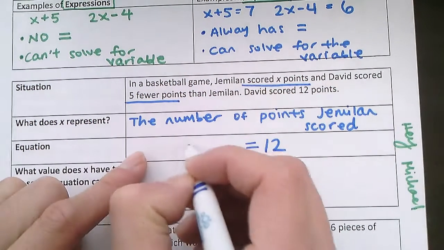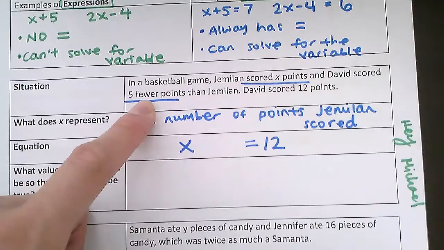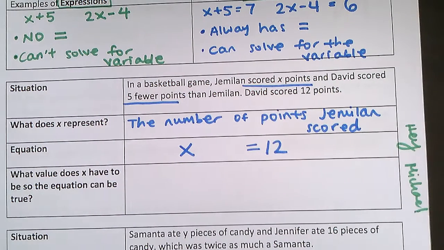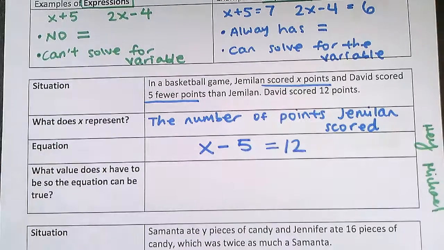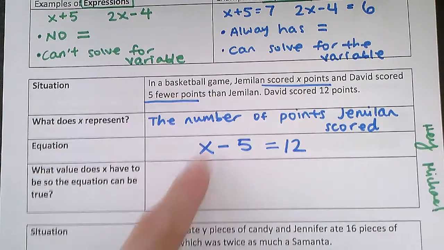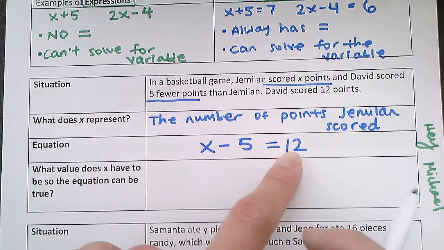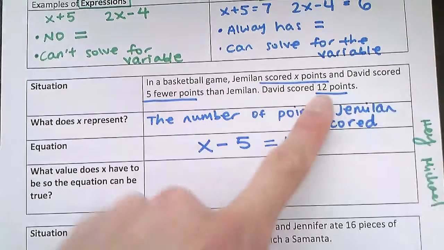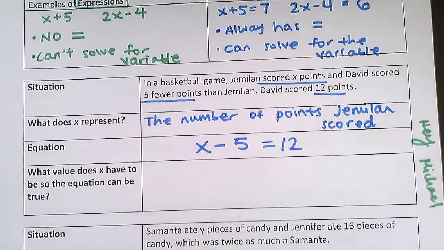So we'll have Jamilan's points, which is X, and 5 fewer. I think to myself, in math, how do I represent something that's 5 fewer? I'm subtracting 5. So then it's X minus 5 equals 12. The number of points that Jamilan scored, 5 fewer than that, equals the number of points that David scored, and we know that David scored 12 points. So my equation is X minus 5 equals 12.